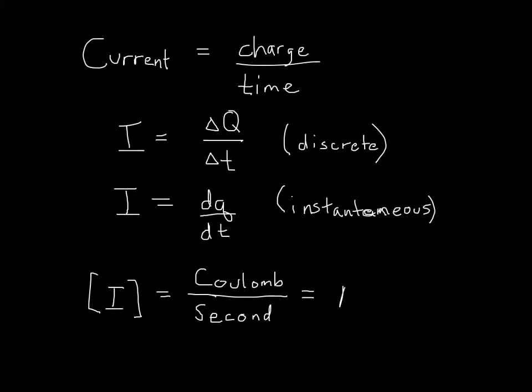We call these amperes, or amps for short. To get some practice and some familiarity with working with currents and direction of current flow, I suggest you look up Checkup 7.1.